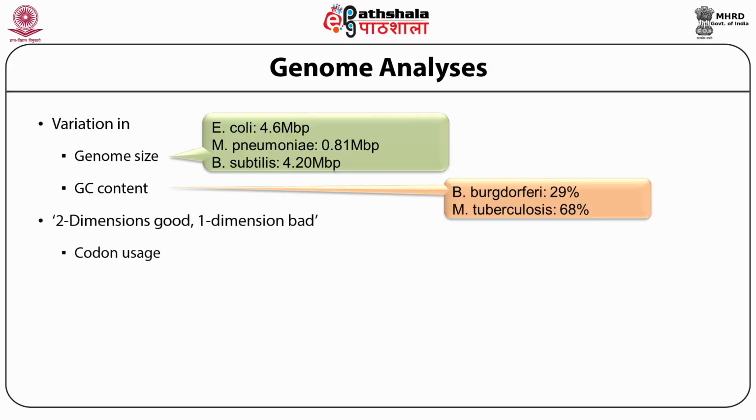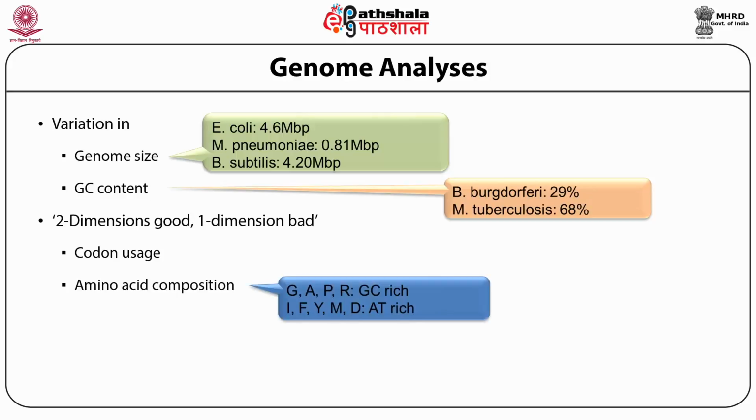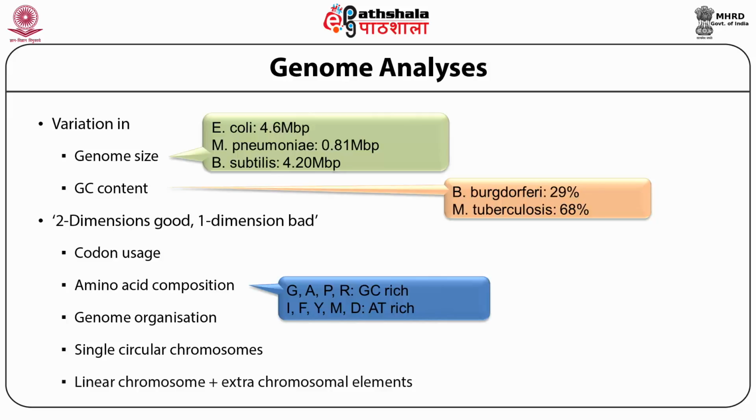Then the codon usage, then the amino acid composition, like being rich in glycine, alanine, proline, arginine in GC-rich genomes. Similarly, isoleucine, phenylalanine, tyrosine, methionine and aspartic acid are found in AT-rich sequences. Then we can discuss genome organization, like a large single circular chromosome or a linear chromosome plus extra chromosomal elements. So these are the different genome analyses that can be done in comparative genomics.